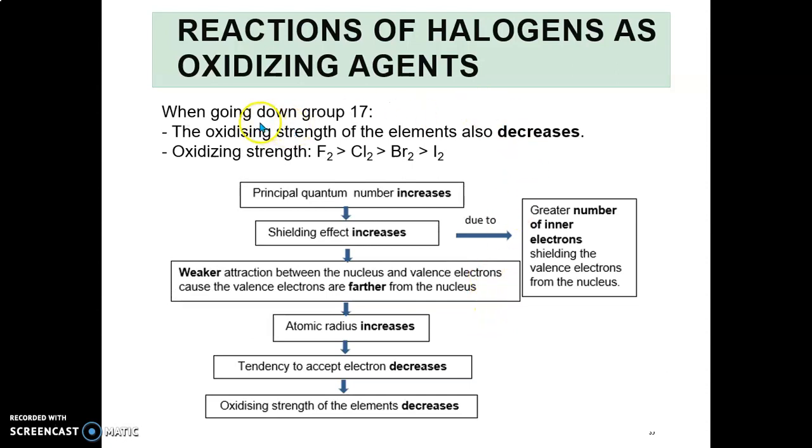When going down group 17, the oxidizing strength of the element decreases from fluorine to iodine, due to the increase of atomic radius and the tendency to accept electrons decreasing. Therefore, the oxidizing strength of the element decreases.